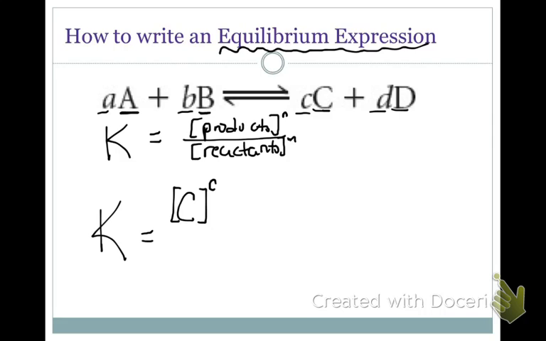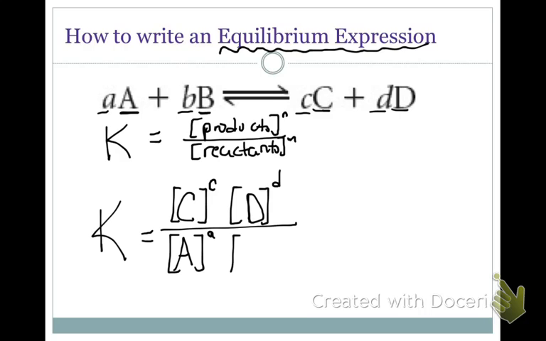It could be a number, 3, 4, whatever, times capital D to the d power, and again, this is just to simplify it, over the concentration of A to whatever its coefficient is, times the concentration of B to whatever its coefficient is. So if you're ever asked for an equilibrium expression, this is just the general way to do it.